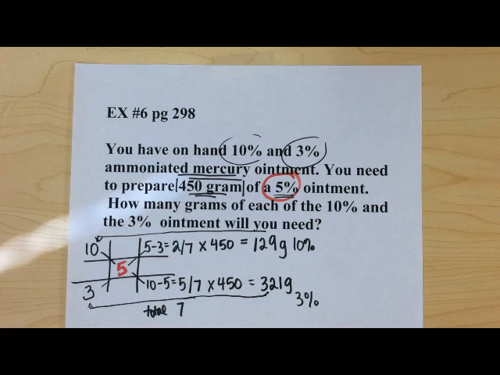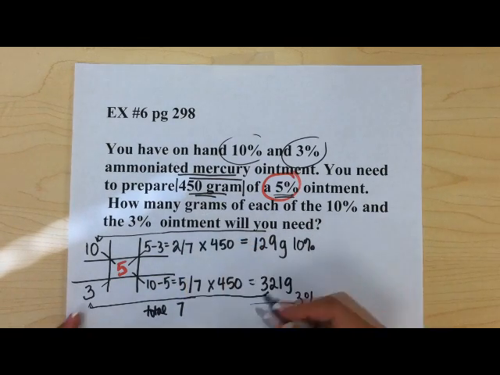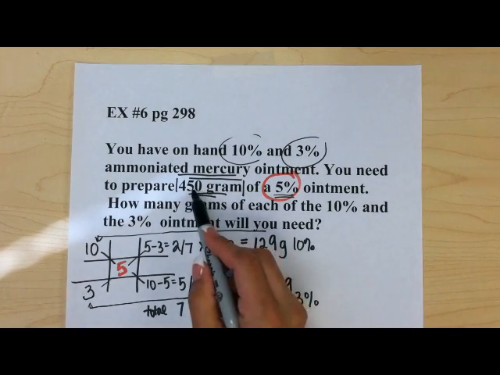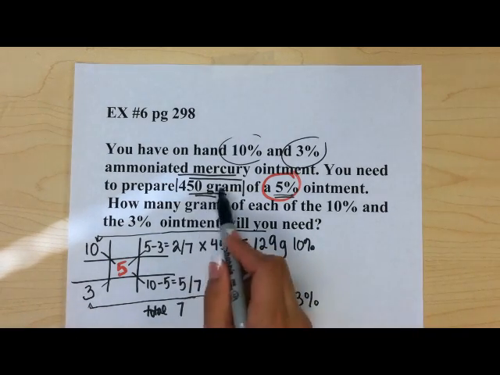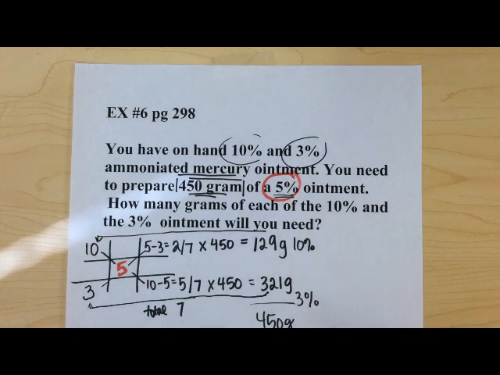So you can see in the end that you're going to have 2 answers here because you have 2 ingredients. So you have 2 answers, and together 129 and 321, they equal 450. So that is working out good because that's actually what I'm making. I'm making 450 grams of 5% ointment.